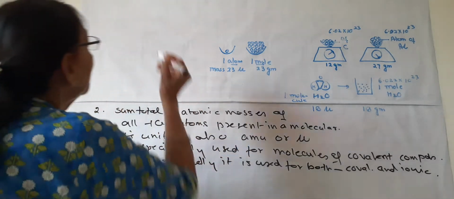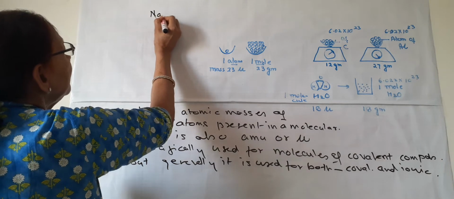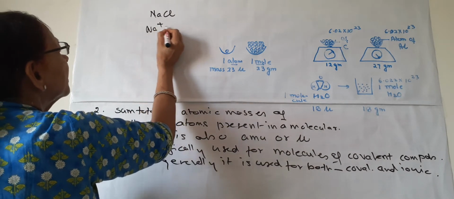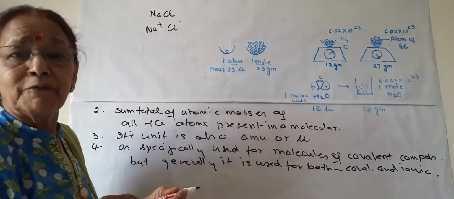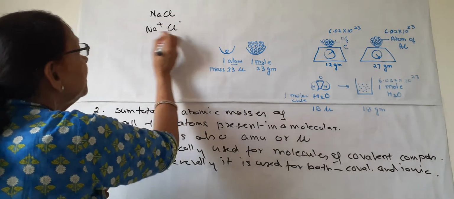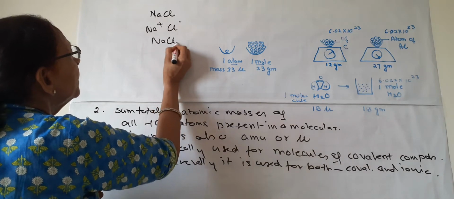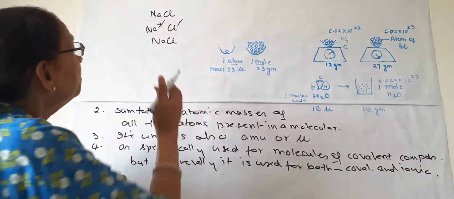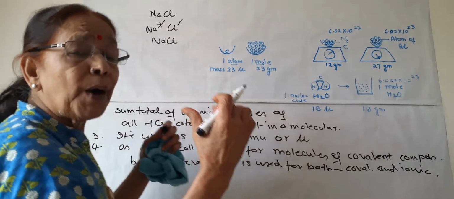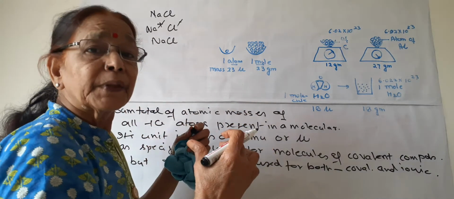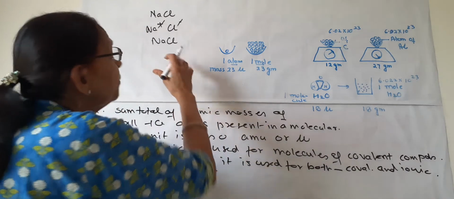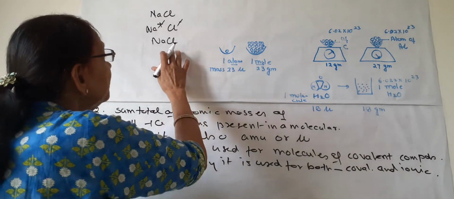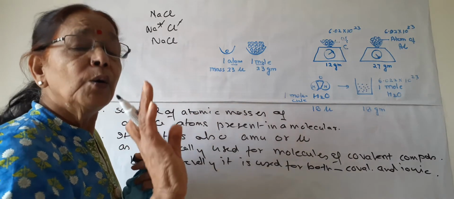For example, in the ionic compound NaCl, Na is present as a cation and Cl as an anion. They join together to form NaCl and their charges cancel out. But they are not bound to each other chemically; they are bound by the attraction forces of these charges. So in a true sense, it is not a molecule.